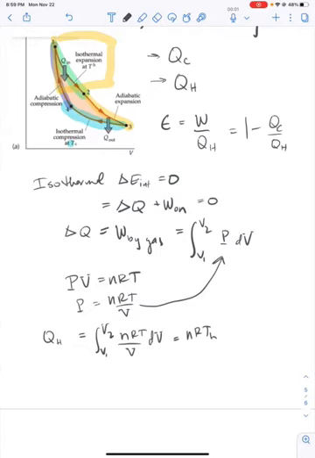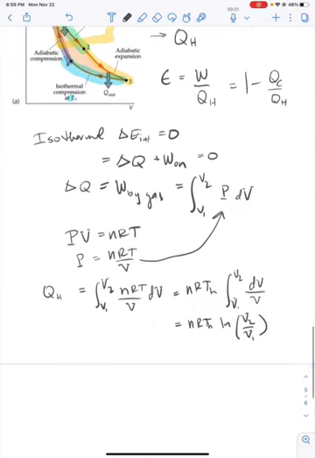It's an isothermal process at TH, so we'll plug in TH there. And then it's an integral from V1 to V2 of dV over V, which is equal to nRTH log V2 over V1.